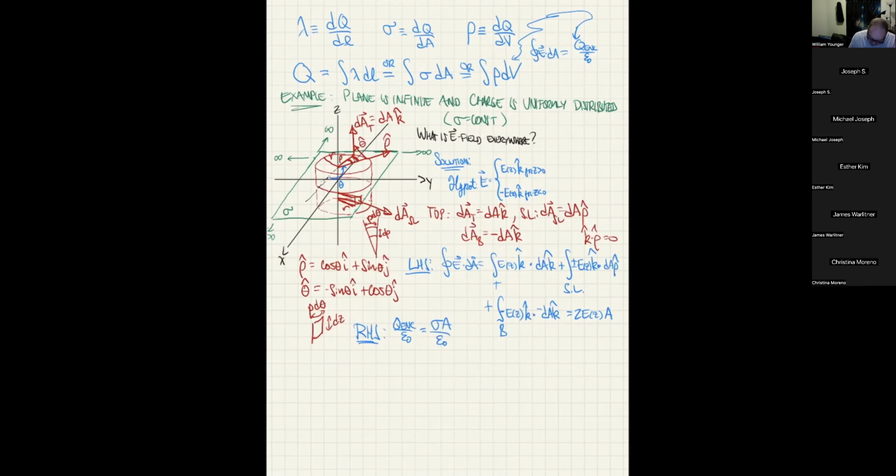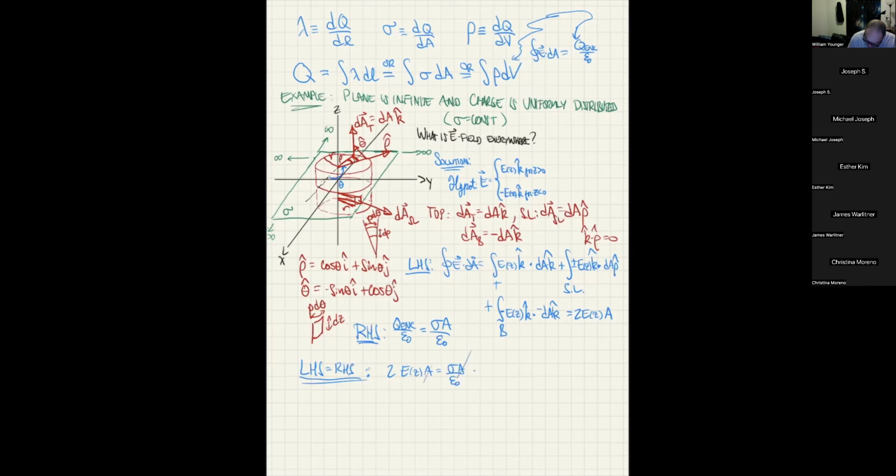Okay. So our final step is to set the left-hand side equal to the right-hand side, and then attempt to extract the electric field. So I get 2 E of Z times A is equal to sigma A over epsilon naught.